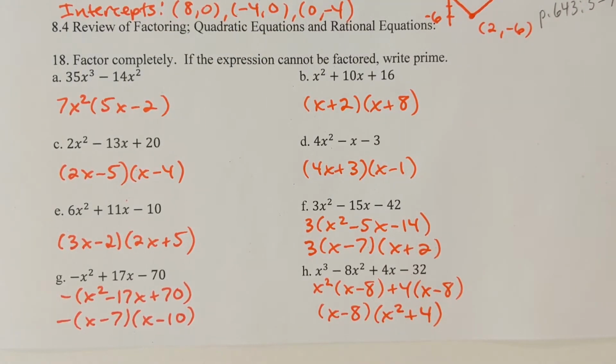Okay. Part B, we want to factor x squared plus 10x plus 16. Now there is no common factor in these three terms. So for this problem, when we say factoring, we're going to create two binomials. Now, a binomial is just an expression that has two terms in it, okay?